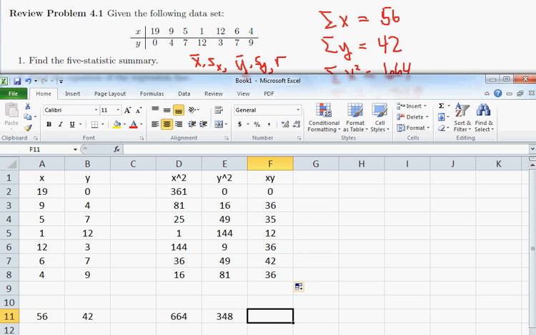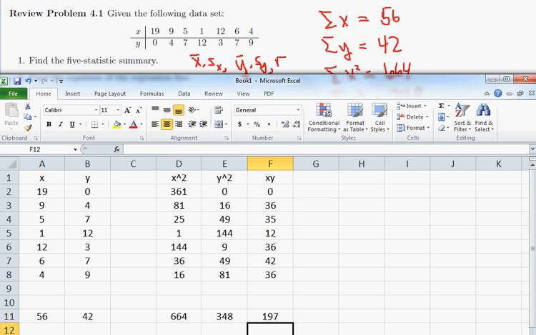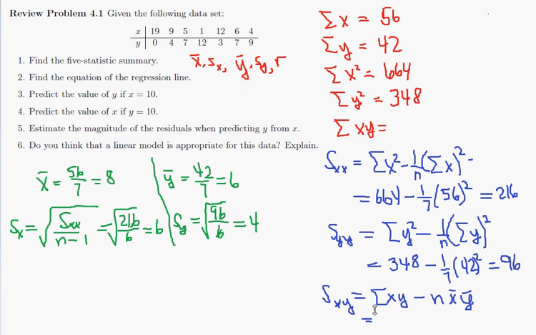And I add these 7 products up, and I get 197. So 197 minus 7 times x bar, which worked out to be 8, times y bar, which works out to be 6. So 197 minus 7 times 8 times 6, which is negative 139.